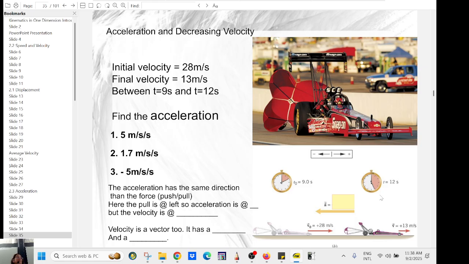Do you agree? Where is the acceleration? It's going to be to the left. Why is it negative? Because the force is to the left, right? You have the drag, the air, pushing in this direction. So it's going to be negative. And they both have opposite sign because you are slowing down.